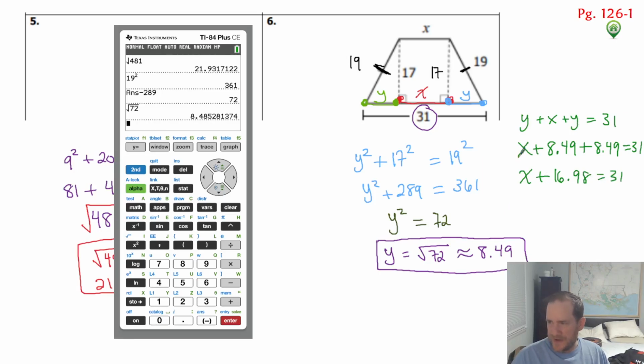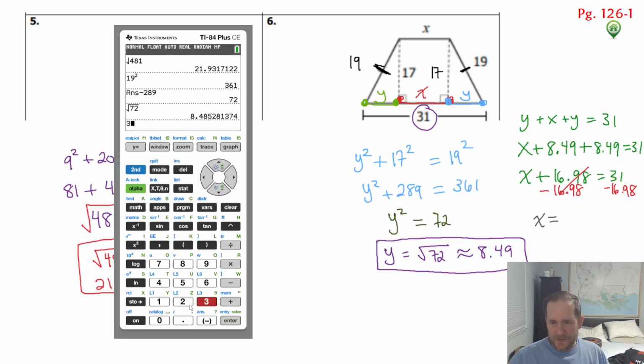And so we can see that x will be just whatever we get after we subtract 16.98 from both sides. So it'll cancel. We'll get x equals the 31 minus 16.98.